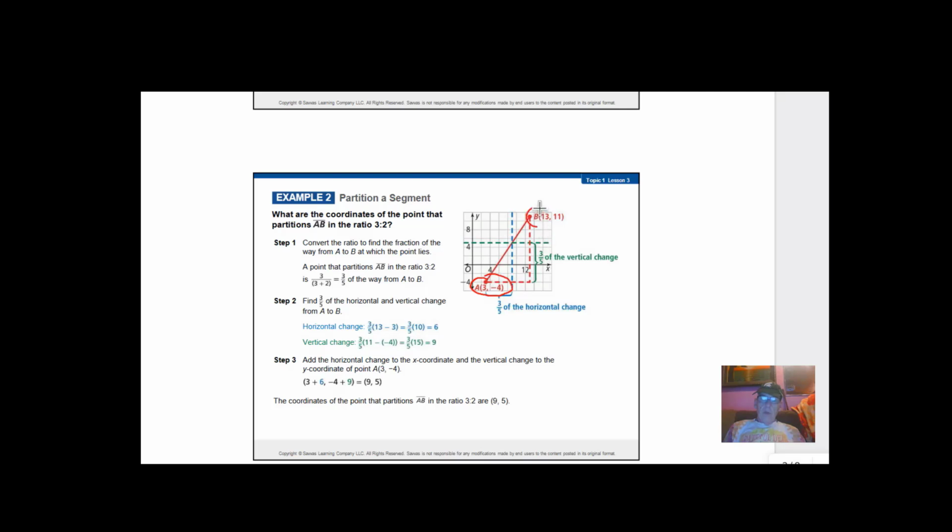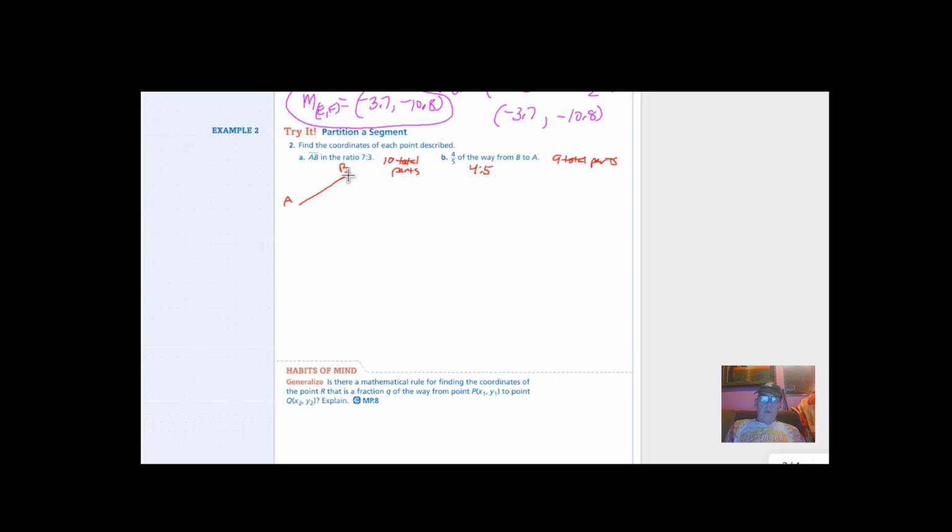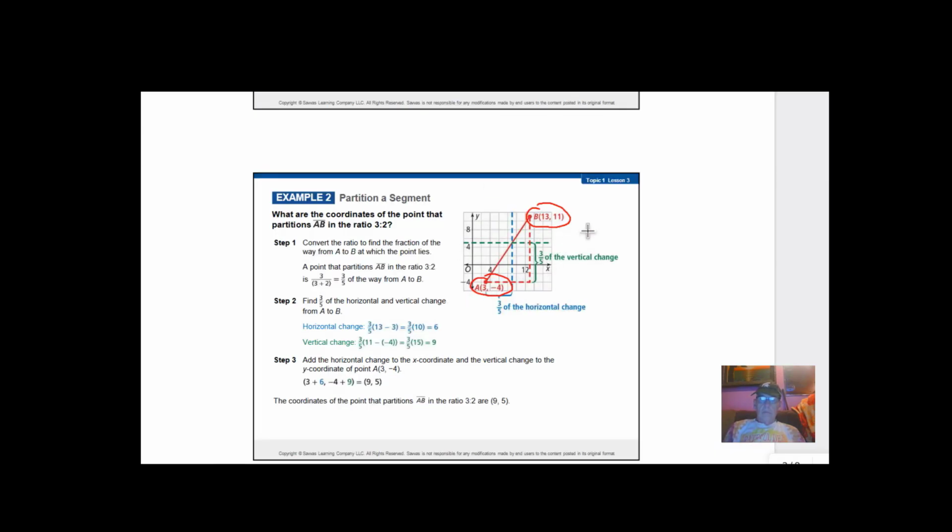And the coordinates of B are at 13, 11. So 3, negative 4, and 13, 11 are the coordinates. Now let me double check that. 13, 11, 3, negative 4.